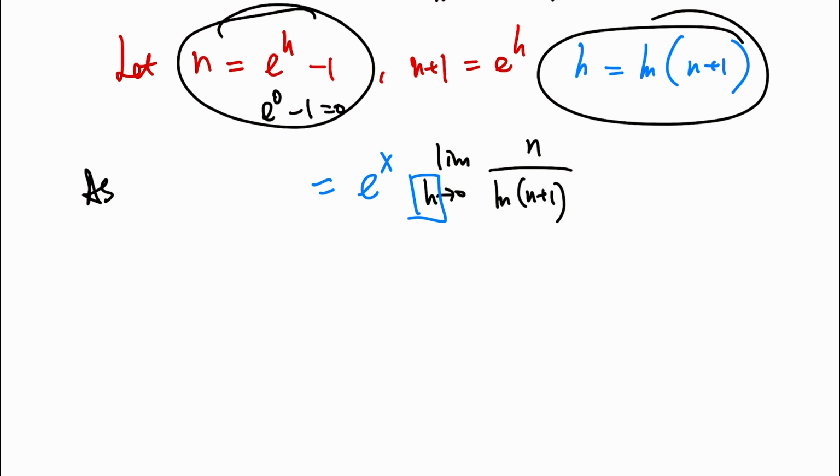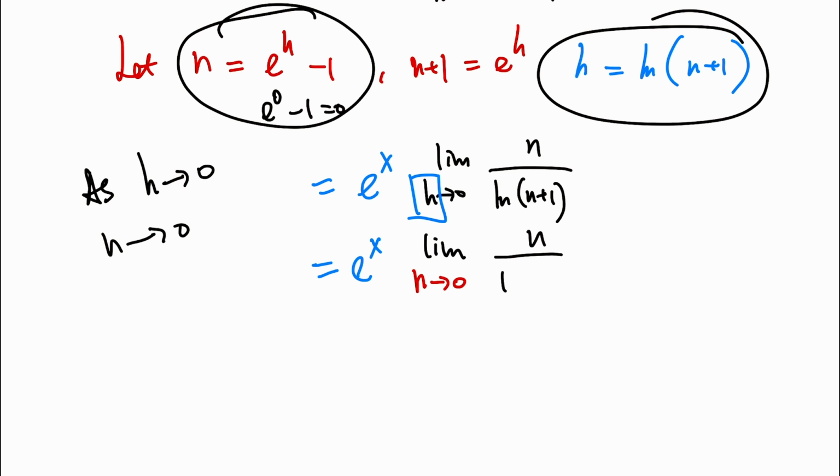So as h approaches 0, n also approaches 0. So we can completely substitute it as e to the x times the limit as n approaches 0 of this stuff.